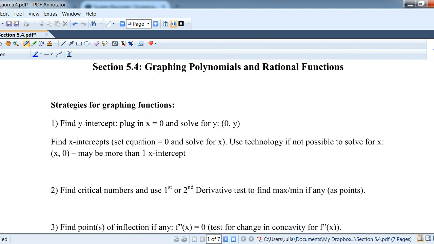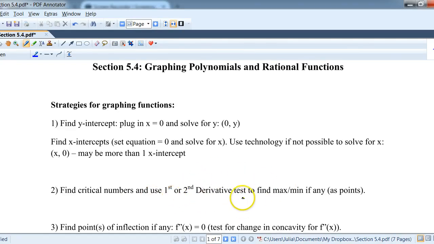Then we can use critical numbers or critical points that we can find with the first derivative. If you recall, there were three kinds: stationary if the derivative is 0, singular if the derivative is not defined but the original is defined, and maybe endpoints. And we can use the first and second derivative test. Don't forget this step.